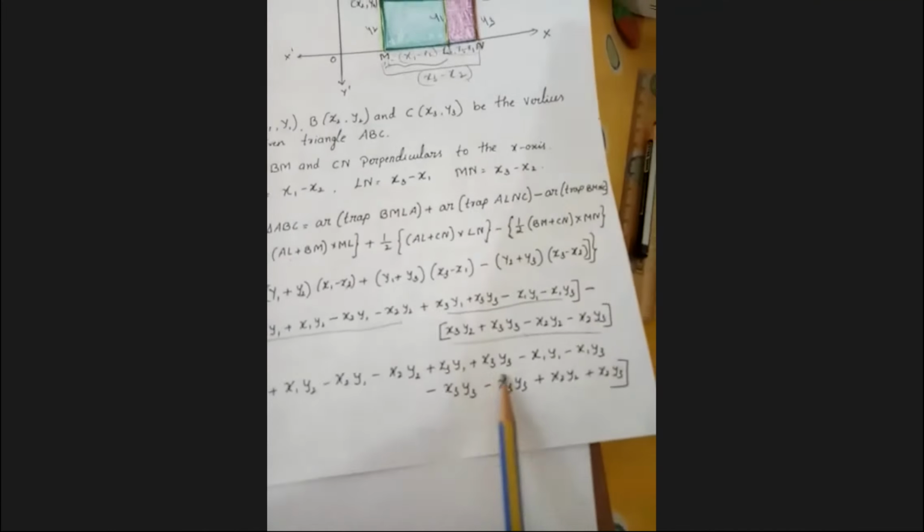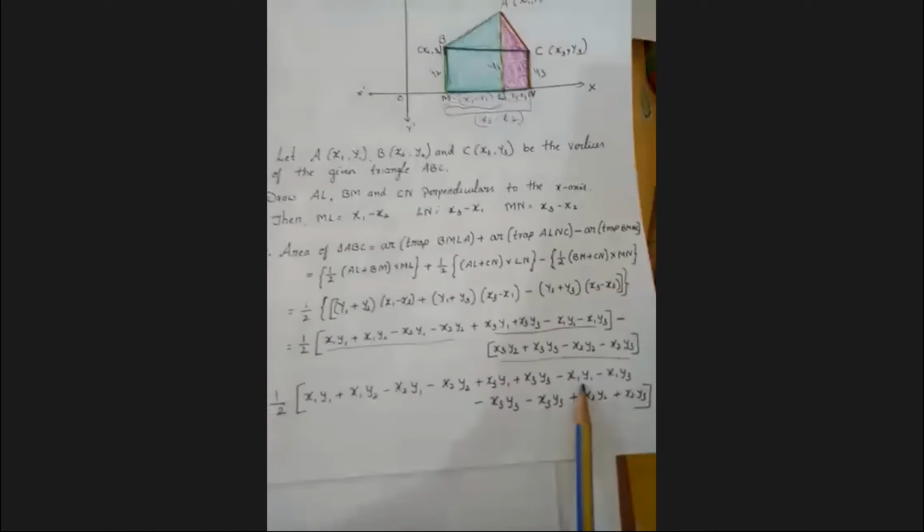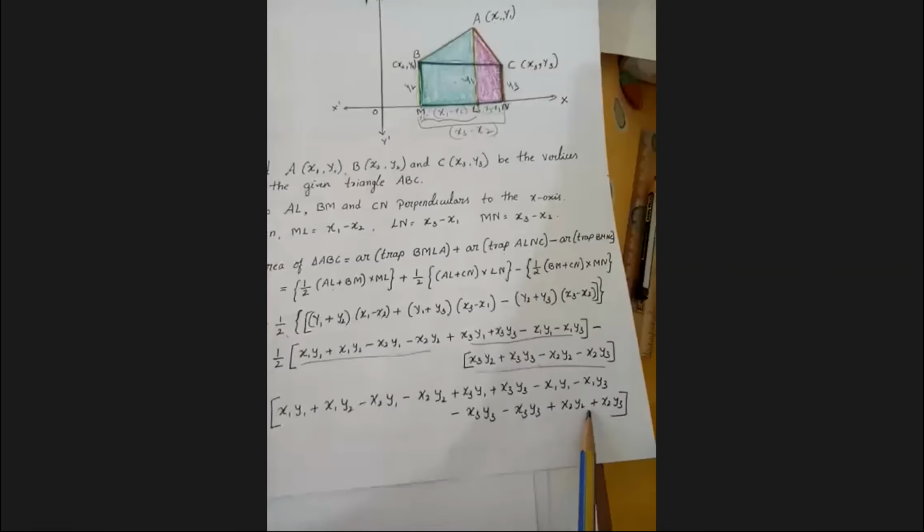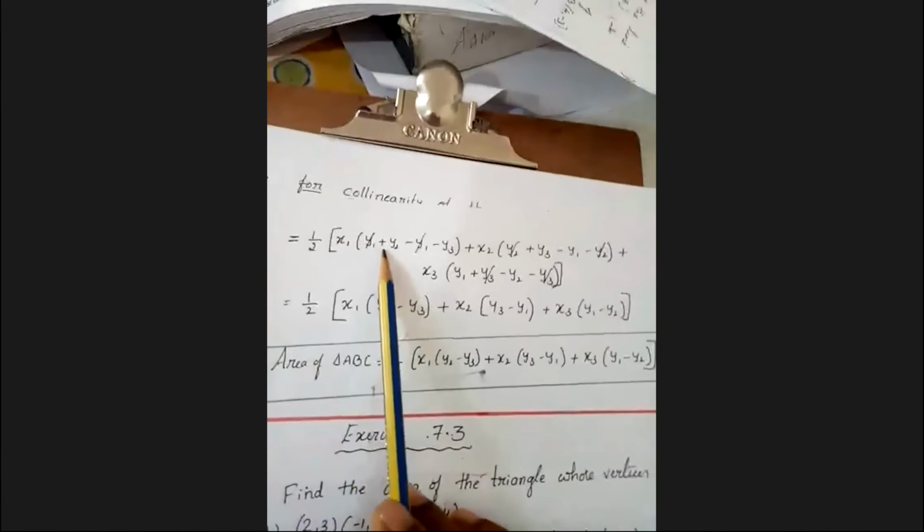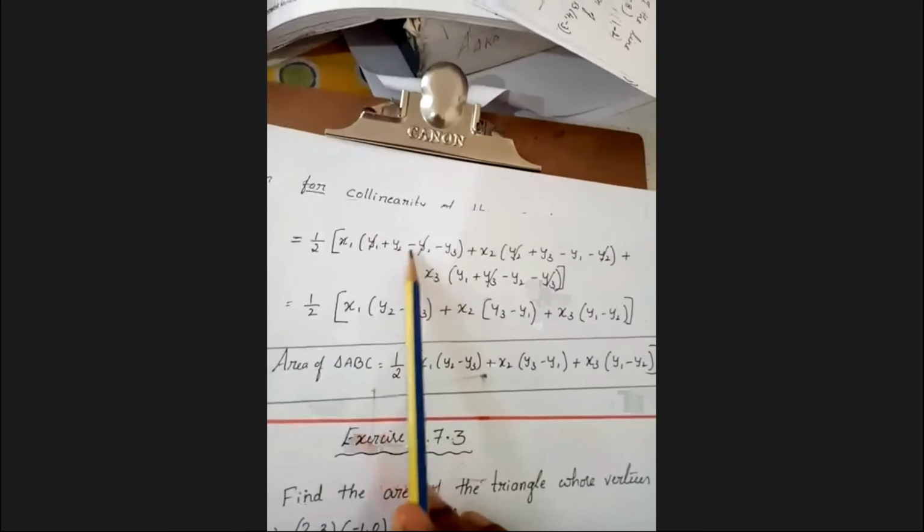Yes, ma'am. Next, I collected all the x1 common. Here x1, y1, and here minus x1, y1. Here minus x1, y3. So all x1s I collected here. I took x1 common. Here x1, y1 will get cancelled, so y2 minus y3 is remaining.